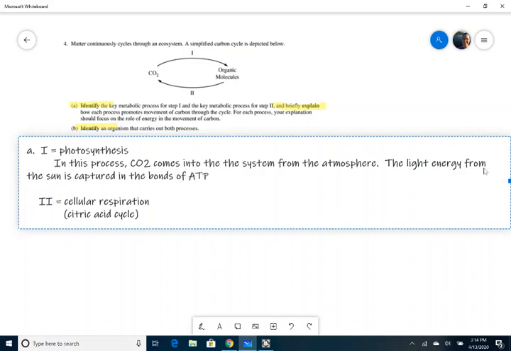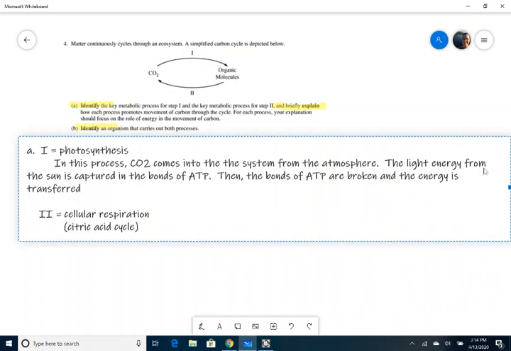The bonds of ATP are broken and the energy is transferred into the carbon compounds.